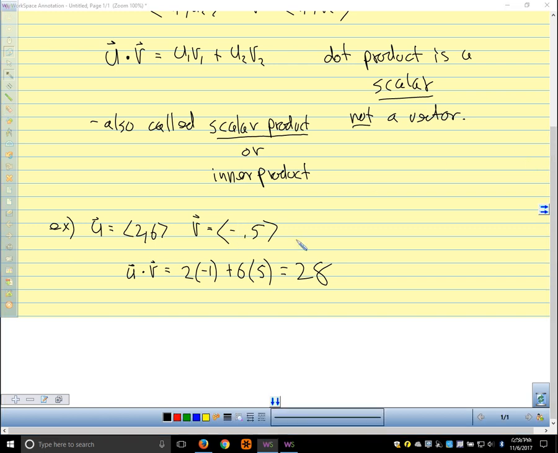Well, what we're interested in is, what does a dot product tell us? The dot product, that simple operation, contains lots of information. So let's look at what one of those pieces of information is. Any questions on the process of finding a dot product? Yes? So dot product is just multiplication and addition.